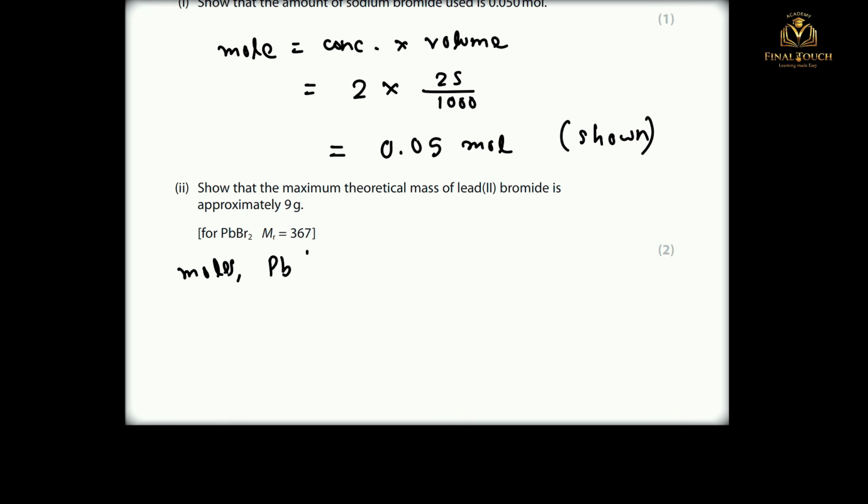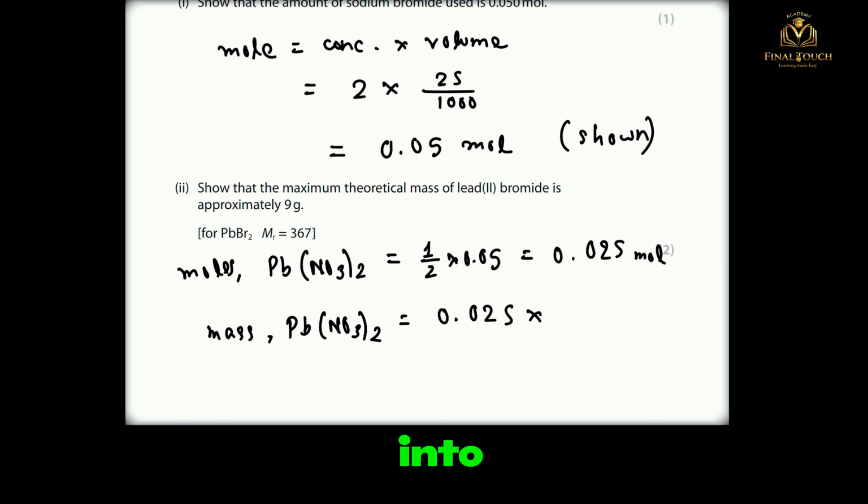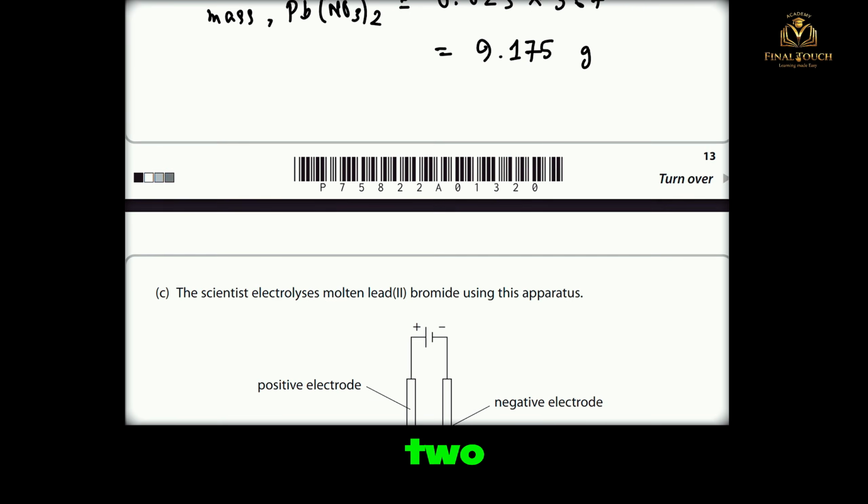So the answer should be 0.025 mole. And they told us to calculate the mass. So for mass of lead(II) bromide, we have 0.025 times Mr, which is given as 367. We get 9.175 grams. That's your answer for part 2.